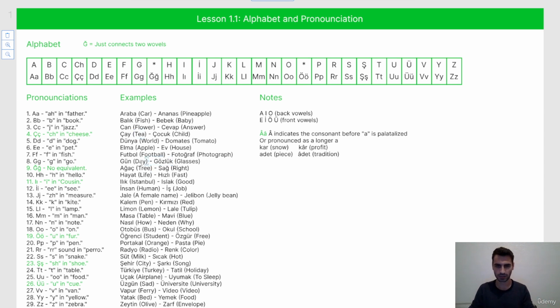So in the example ağaç, it just connects them to prevent saying it with a break. Instead, you're saying the two a's together. And in the example of sa, it makes it just long. That's it. This is a new letter that you have learned.